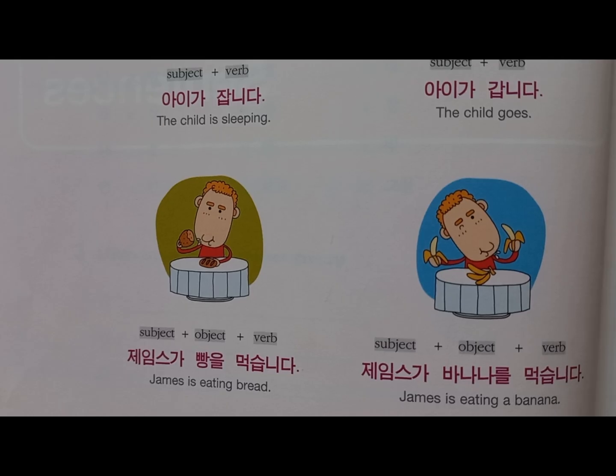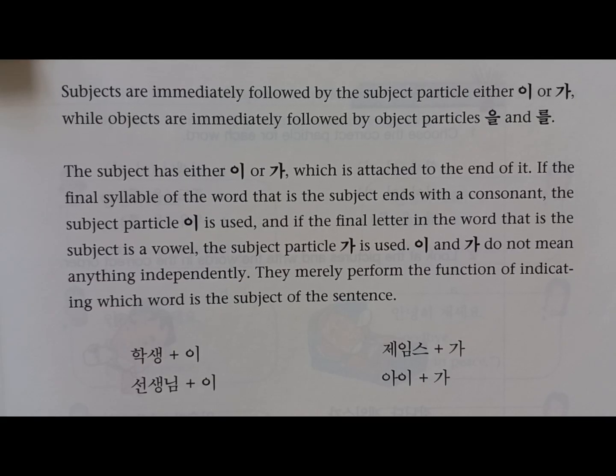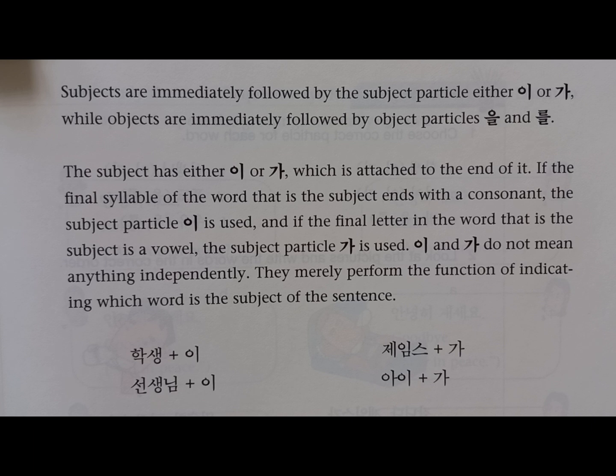It's the same sentence. So the basic rule for subjects is that they are immediately followed by the subject particle, either 이 or 가, while objects are immediately followed by the object particles 을 and 를.